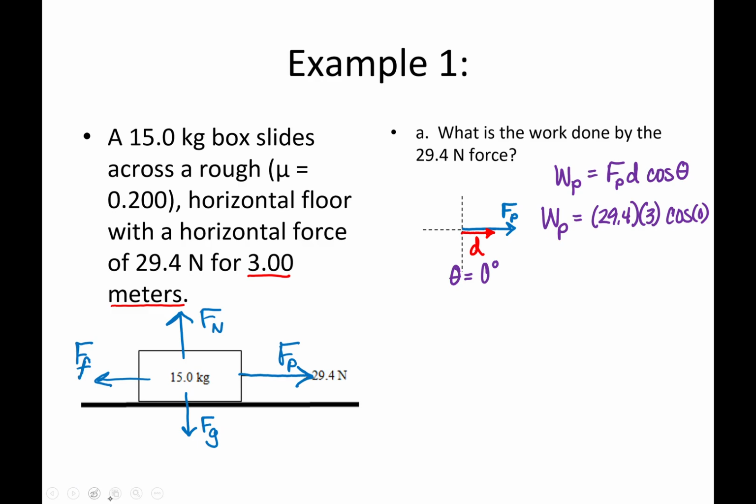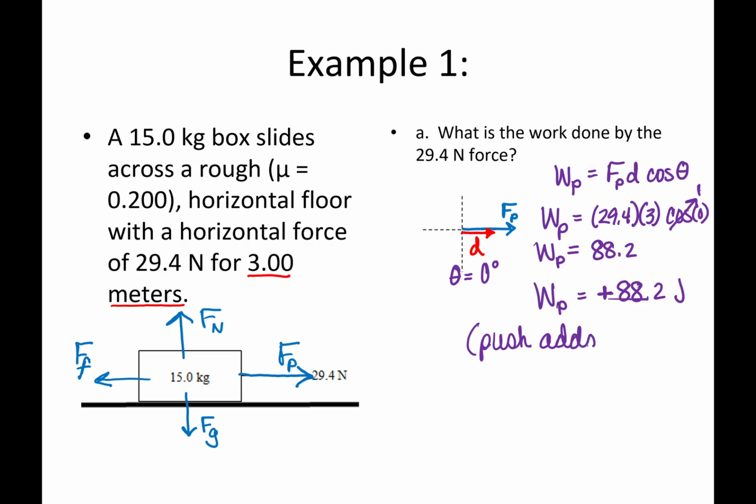Well, cosine of 0 is just 1. 29.4 times 3 is 88.2, and that means the work of the push is a positive 88.2 joules, meaning the push adds energy to the box.